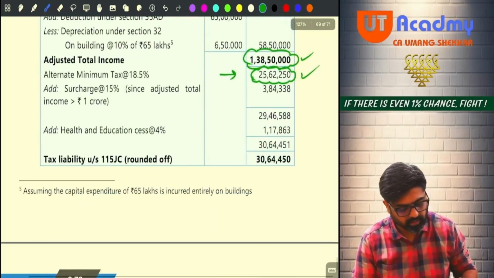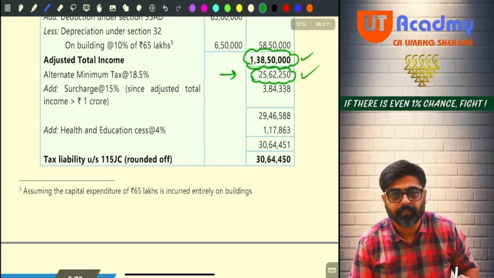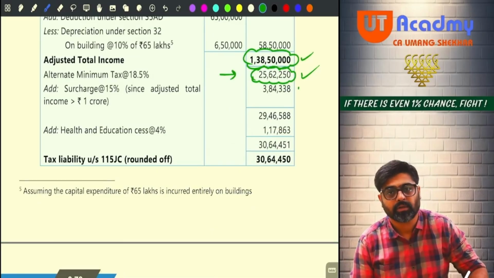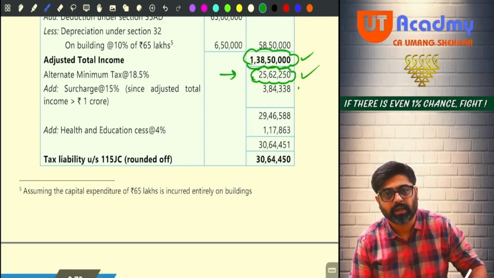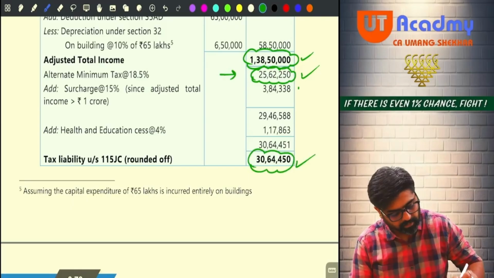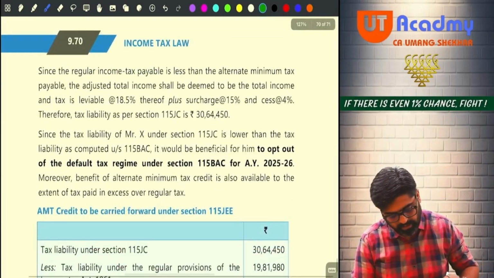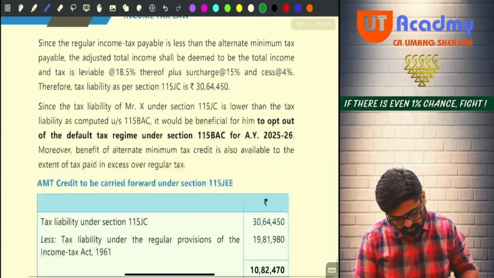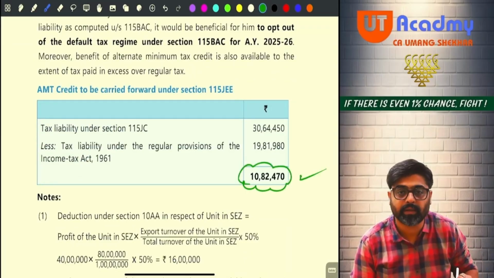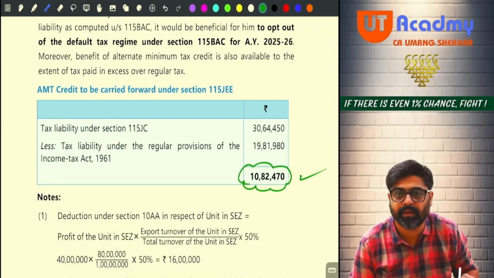How much will be taken from you? 2562250. But on that you are supposed to pay surcharge, including surcharge this much, and the tax will be this much. Our final tax was this only, AMT. And what was the AMT credit? AMT credit 10 lakh 82,470. We also calculated 10 lakh 82,470.